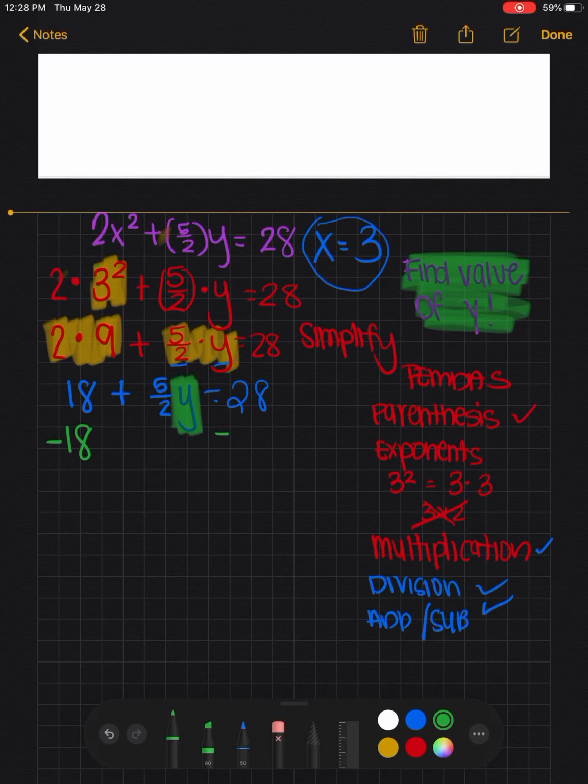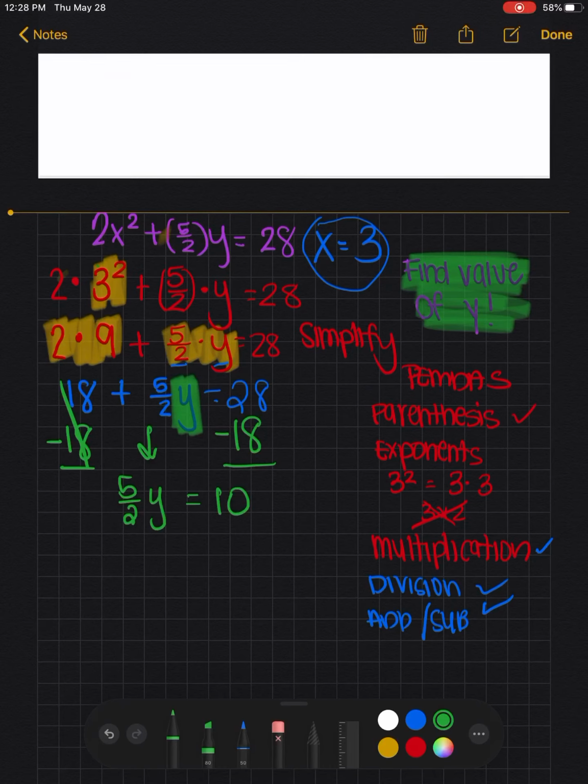So we subtract 18 on both sides, like so. 18 minus 18 gives me 0. It cancels out. I do not need to write 0. I bring that 5 over 2 times y down. And then I subtract 18 from 28, and that left me with 10.